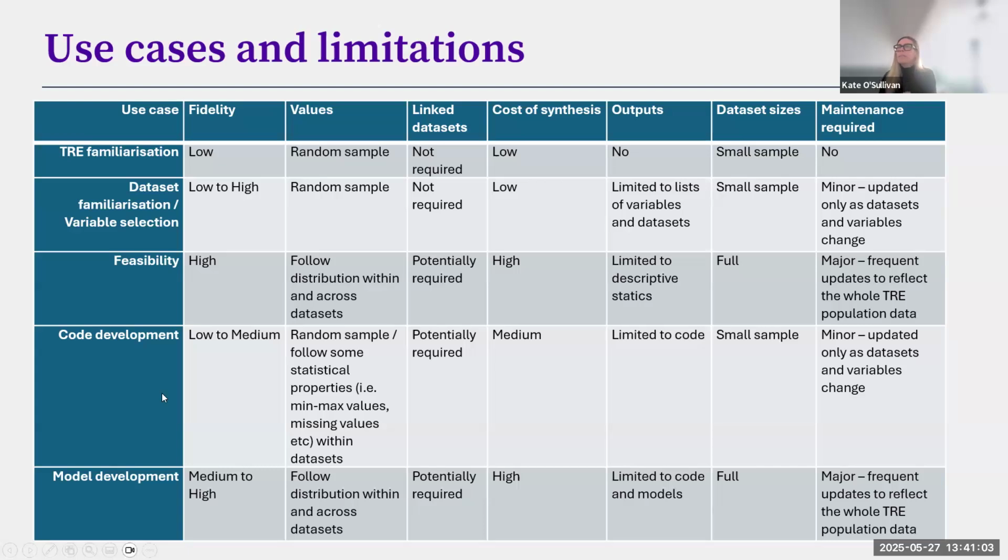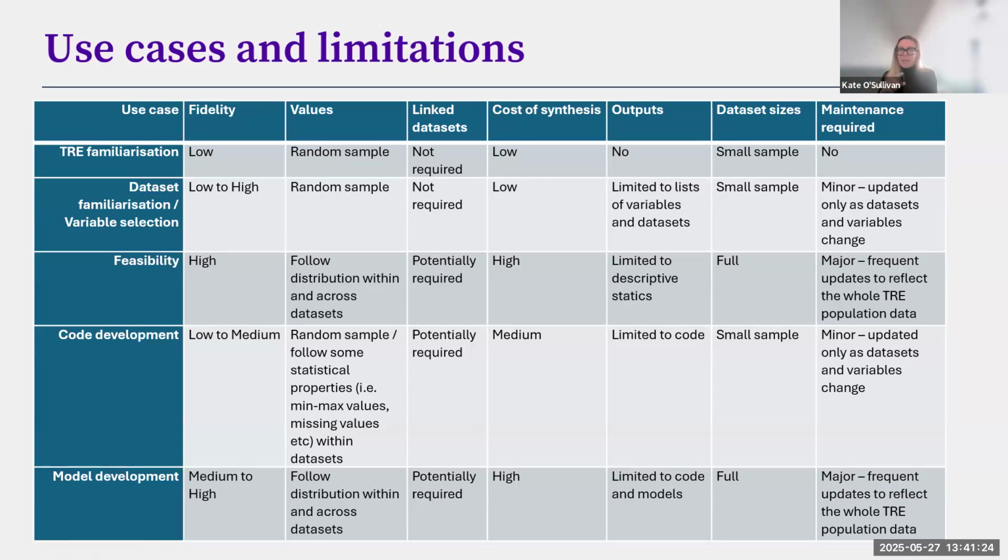Similar with code development, low to medium, it also only requires minor maintenance. And then again, we come back to model development, for example, which is obviously medium to high. You need major frequent updates. And again, this is where we said high fidelity synthetic data is out of scope.